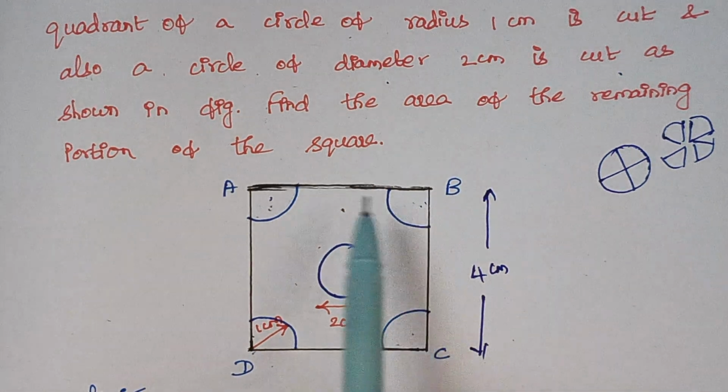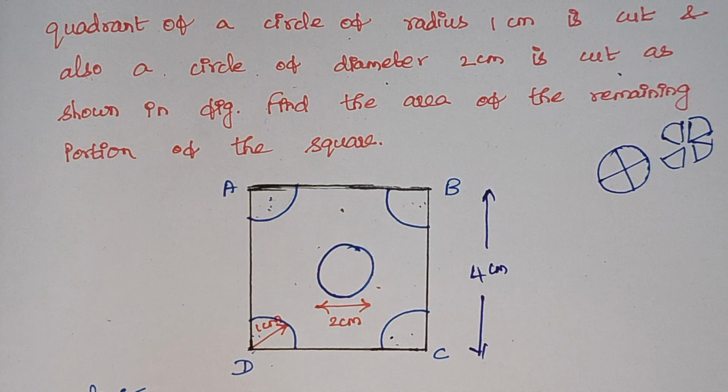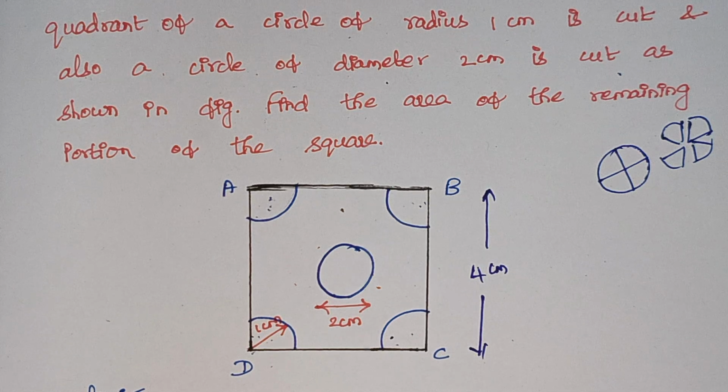These 4 quadrants together form a circle. Say yes or no? Obviously it is yes, because here the radius of all the quadrants remains the same. Therefore, these four quadrants when combined together, they will form a circle. So it will be pretty easier for you.